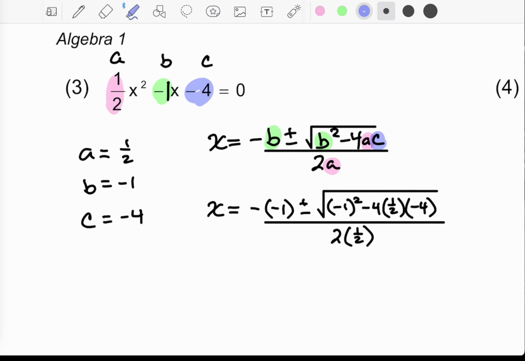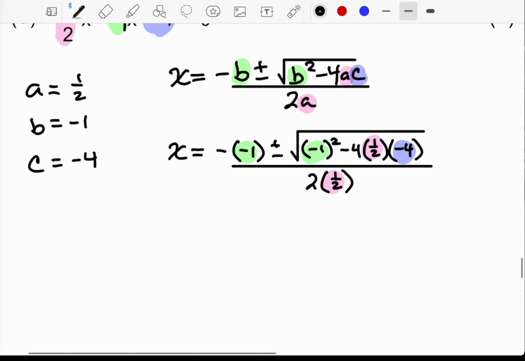All right, a little more highlighter. Computationally, it's not that bad, even though there are fractions. The double negatives make a positive. Plus or minus. Oh, I don't need a radical that big.